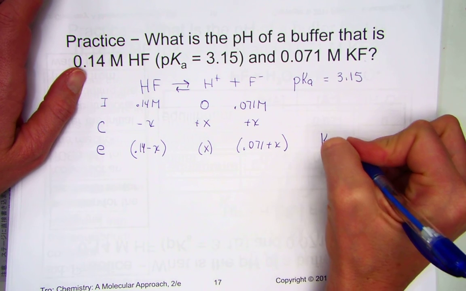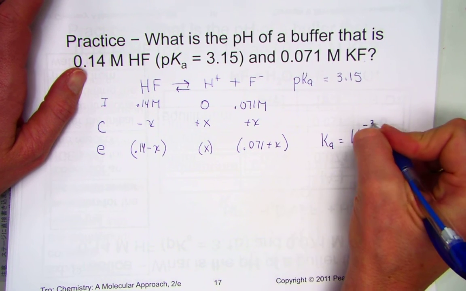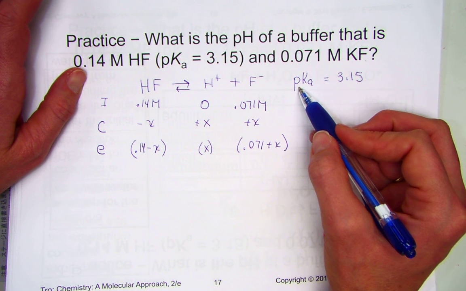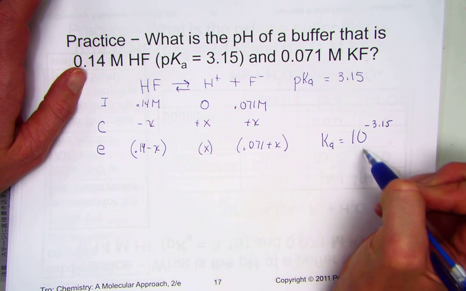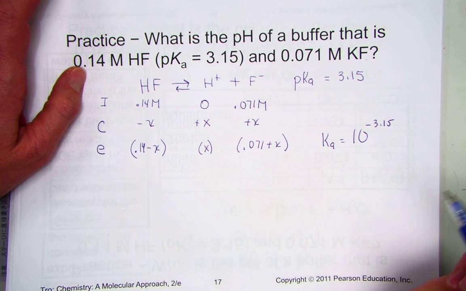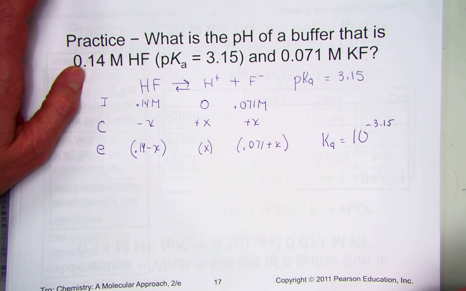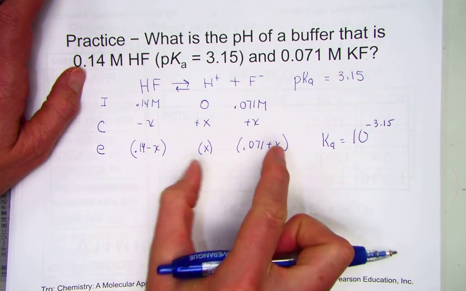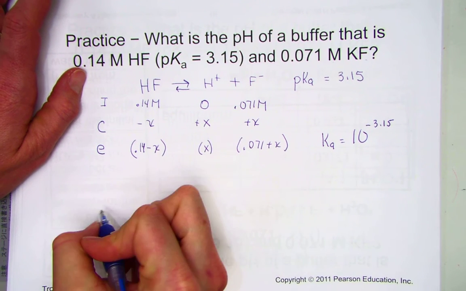The pKa value is 3.15, so Ka is 10 to the negative 3.15. Taking the inverse, p is negative log, so the inverse of that is 10 raised to the negative pKa, to just turn the pKa into Ka, 10 raised to the negative 3.15. So the equilibrium expression, products over reactants.